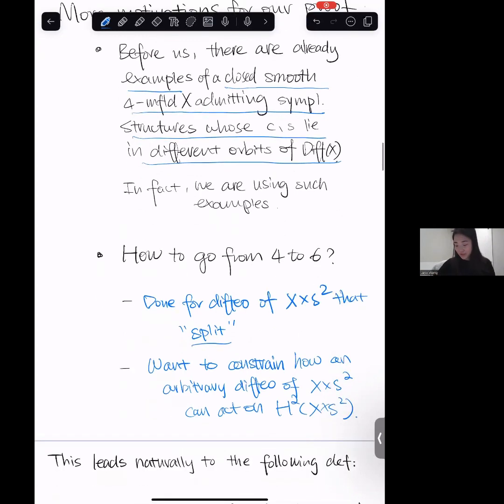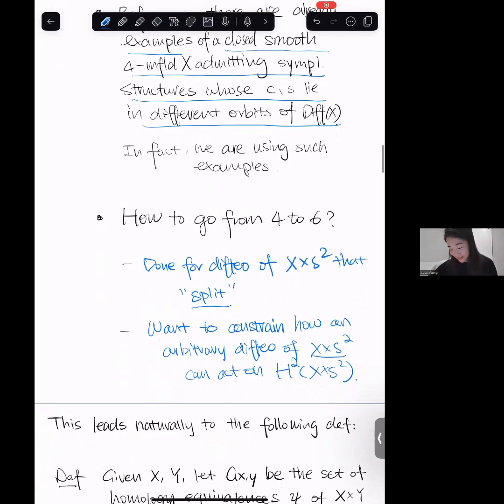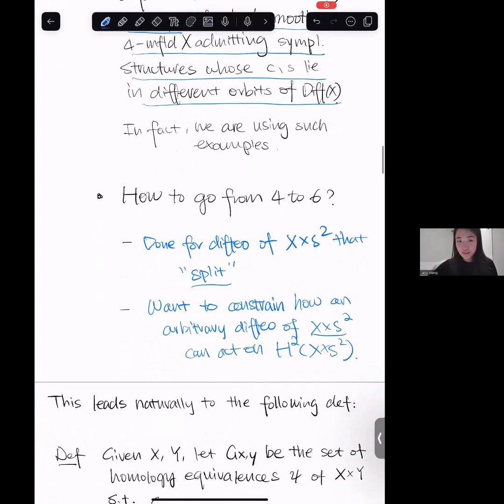So the point is X cross S2, especially for our examples, are pretty easy to understand. Like the diffeos, we can understand them. And then we can leverage the fact that we know that first Chern classes lie in different orbits on the 4 manifold to say something about their orbits under the 6 manifold.